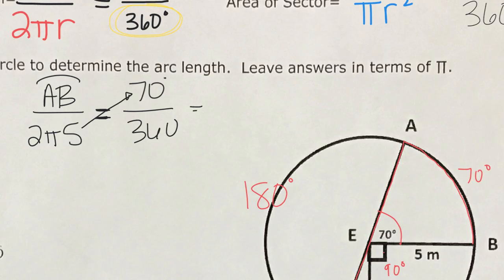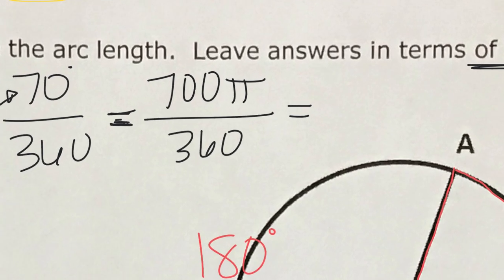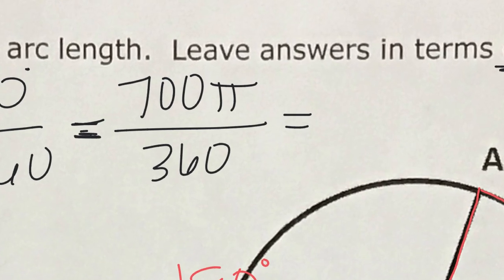What's 5 times 2? 10. 10 times 70 is 700 pi over 360. It says leave your answers in terms of pi. So how can we simplify 700 over 360?